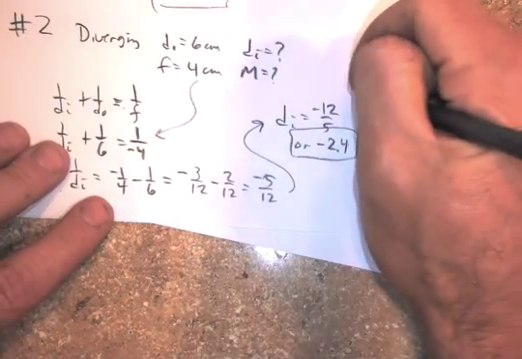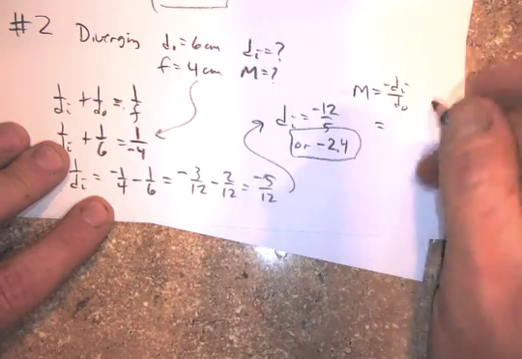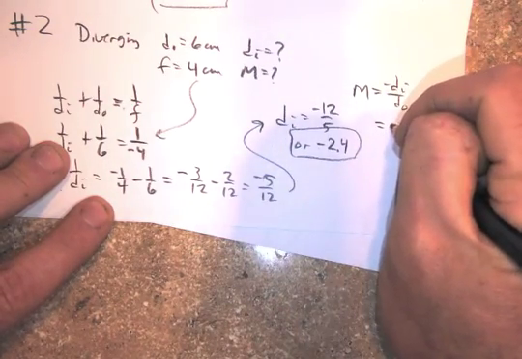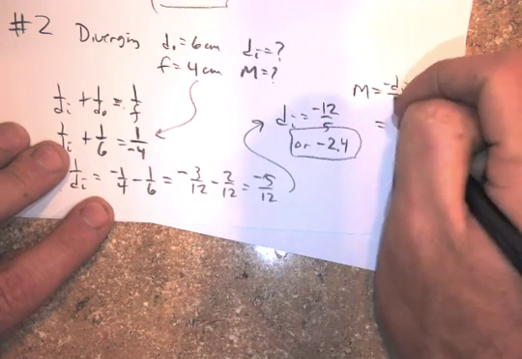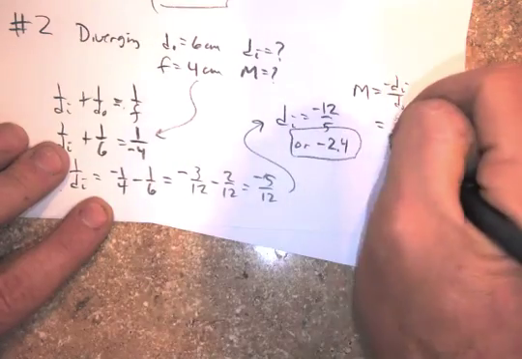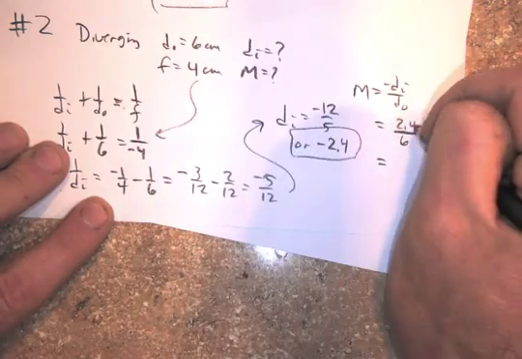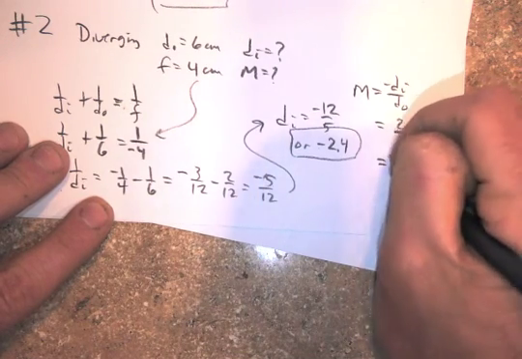And then magnification. I guess I'll just do it as a decimal here. Negative of negative 2.4 would be 2.4 over my do, which was 6. 2.4 over 6. 24 over 6 is 4, right? So we're talking 0.4 is my magnification.